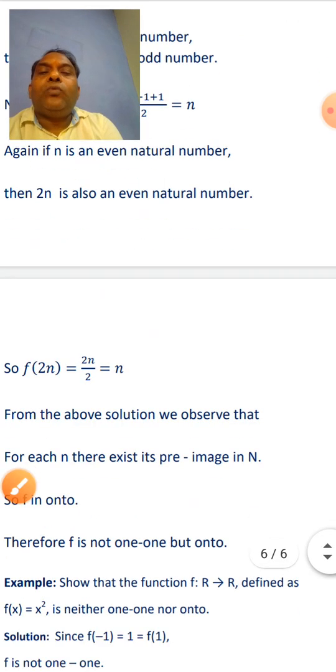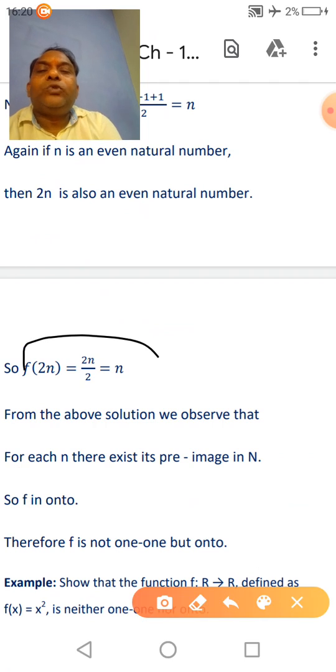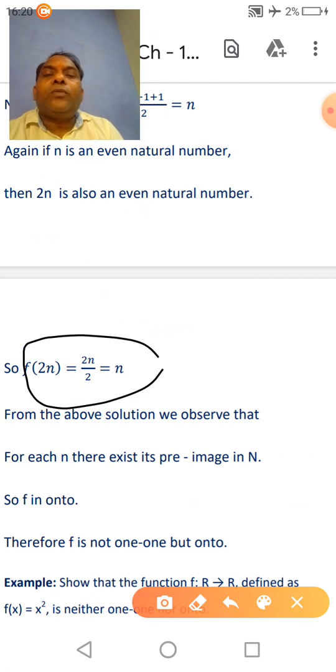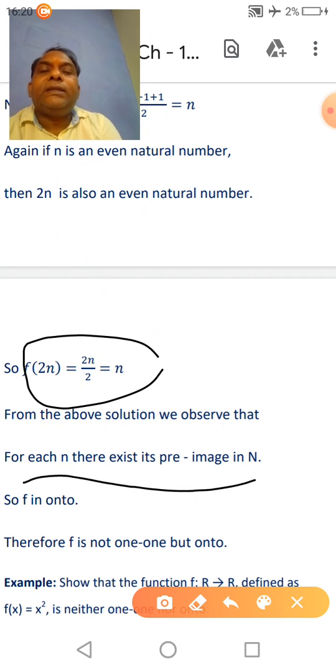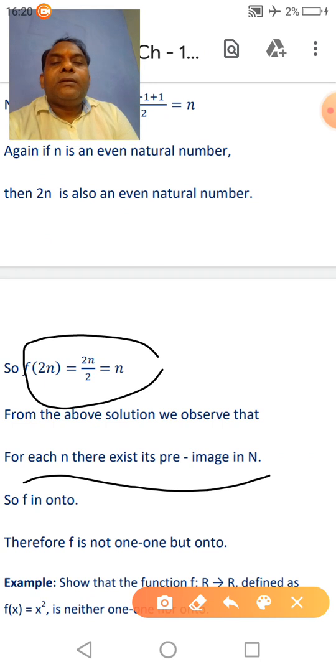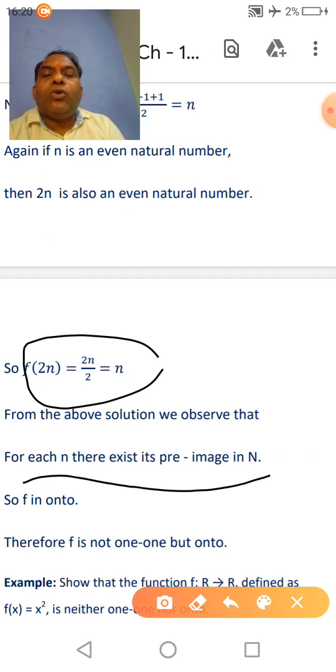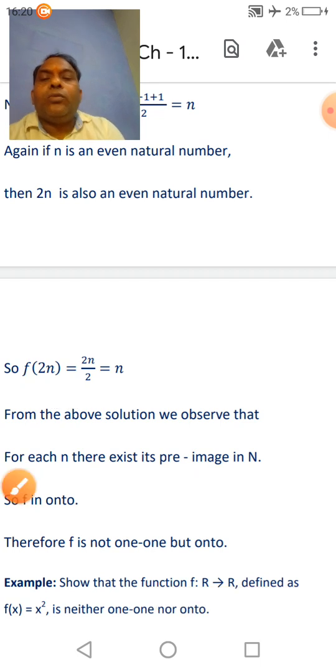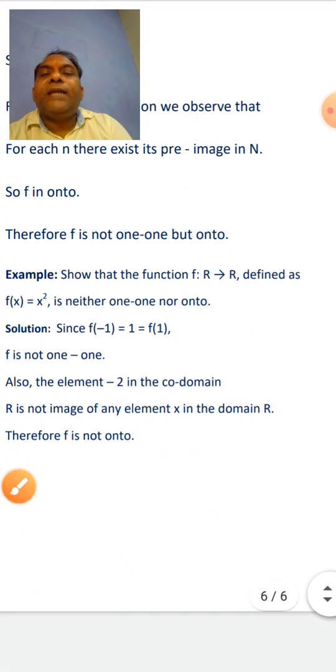So f(2n) is equal to 2n by 2 is equal to n. So from the above solution we observe that for each n there exists its pre-image in capital N. So f is onto. Therefore f is not 1-1 but onto. Clear? Next question.